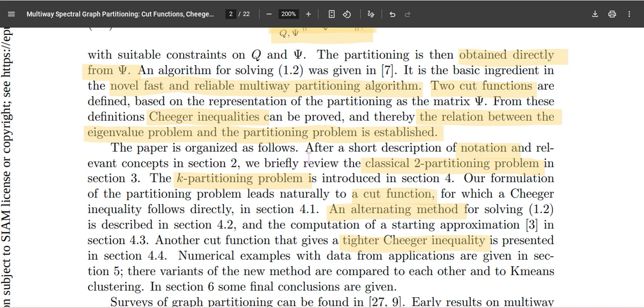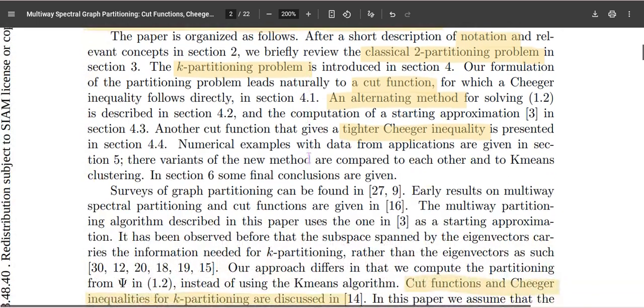Section 5 gives certain numerical examples, and section 6 gives some final conclusions. We will not go deep into how the numerical examples are executed, but this paper mainly focuses on how the classical two-partitioning problem is defined, and how that classical two-partitioning problem can be extended to k greater than 2.